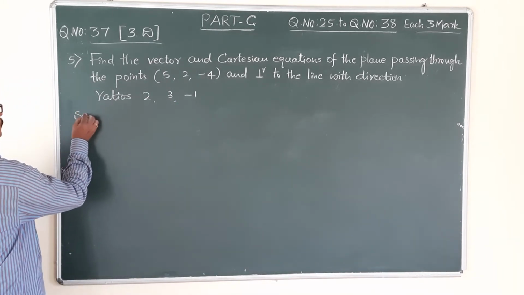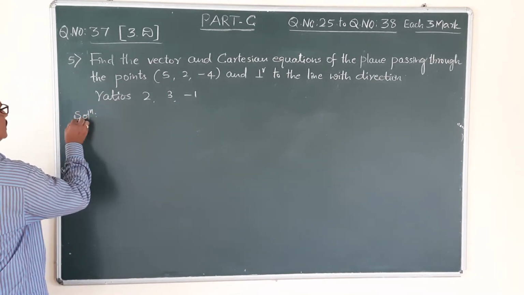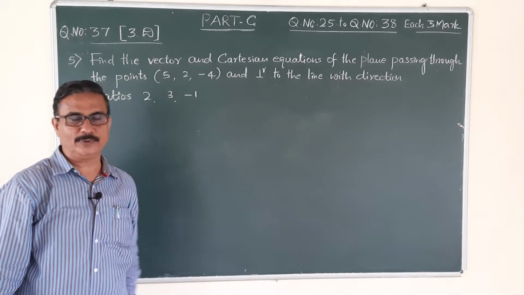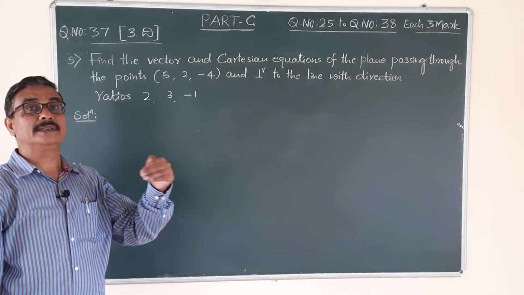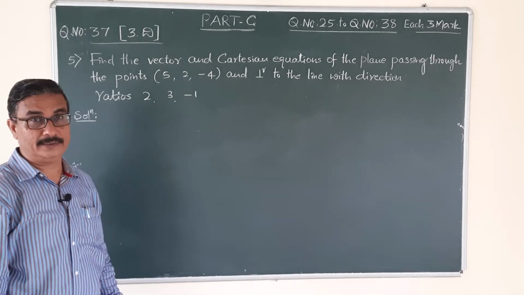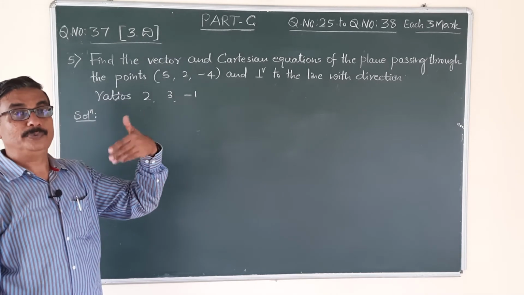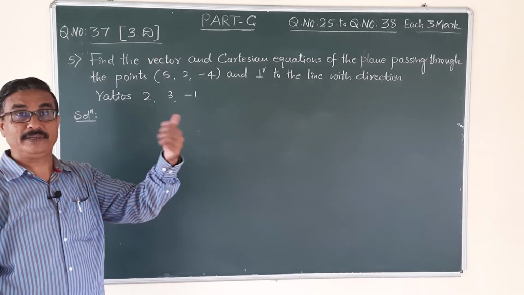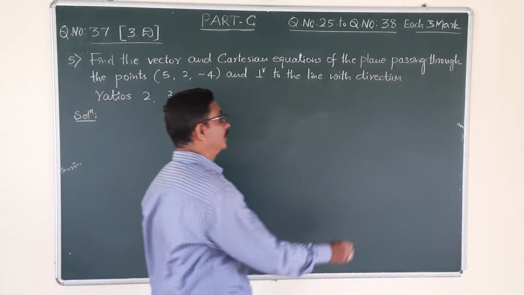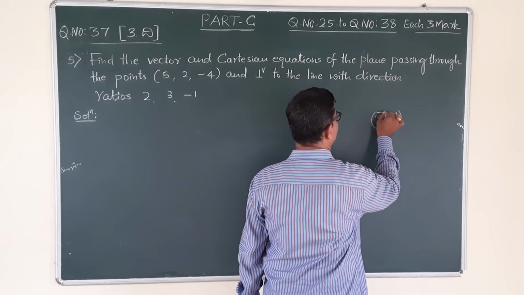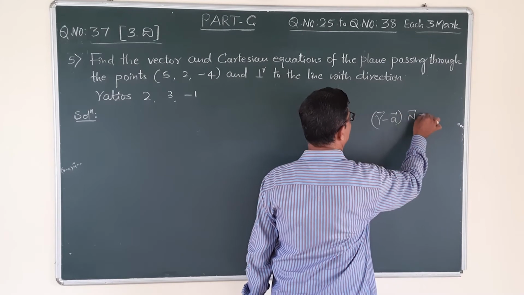Now here you know the formula for equation of plane passing through the point x1, y1, z1 and perpendicular to the normal to the plane with the direction ratios 2, 3, minus 1. In general a, b, c, it is given by the formula r minus a dot n is equal to 0.